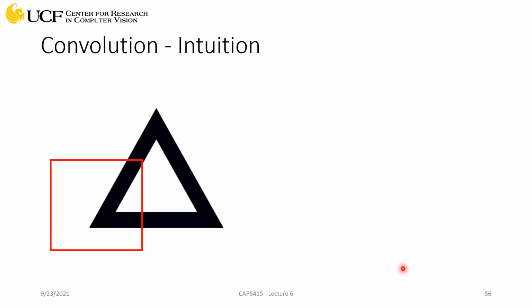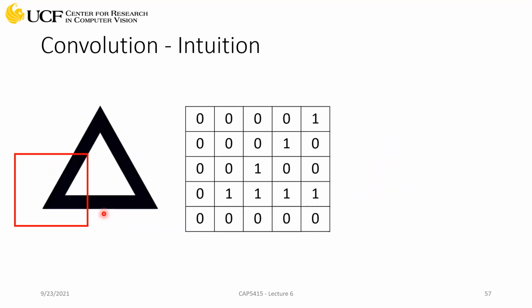Okay, so that's high activation. Now let's try to put the same kernel at a different location on this input image. In this case, let's say this corner over here. Now you can see that the kernel is actually not quite similar to what we are seeing here in this image patch. So this image patch is something like this. And if you try to binarize this or create a discrete matrix for this, it will be something like this.